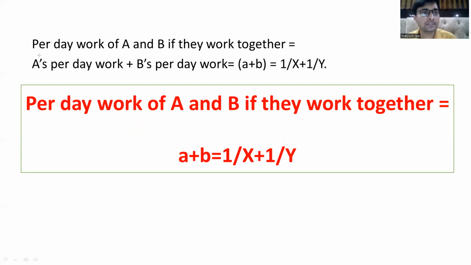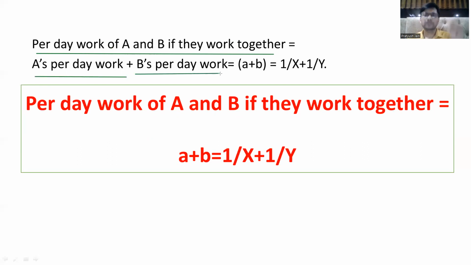Now if we are asked what is the per day work of A and B if they work together, suppose A can independently complete the work in X days, his per day work was 1 by X. B can independently complete the same work in Y days, his per day work was 1 by Y. So if A and B work together, their per day work will be simply the per day work of A plus the per day work of B, the sum of their individual per day works, which is equal to 1 by X plus 1 by Y, right?